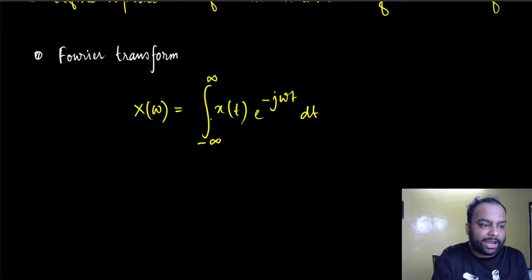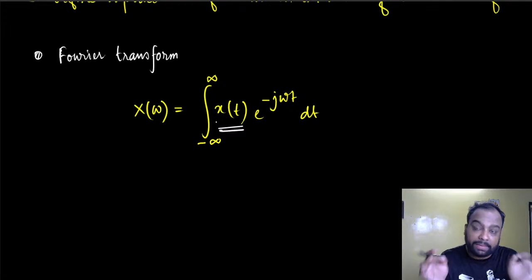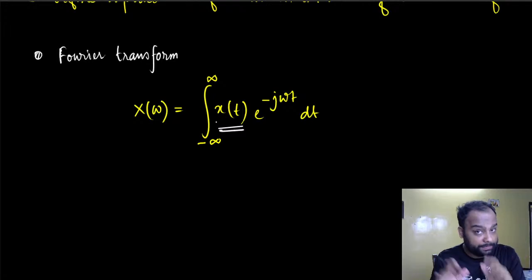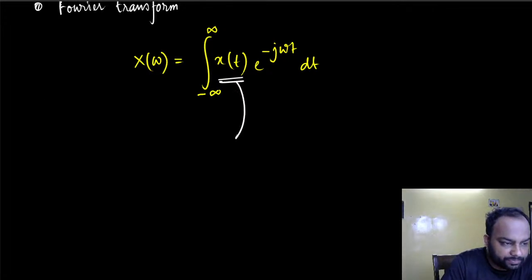I cannot take any arbitrary signal or function and expect it to have a Fourier transform. The signal must have a representation in terms of sinusoids. And there are conditions for that. Let me start with the sufficient condition.